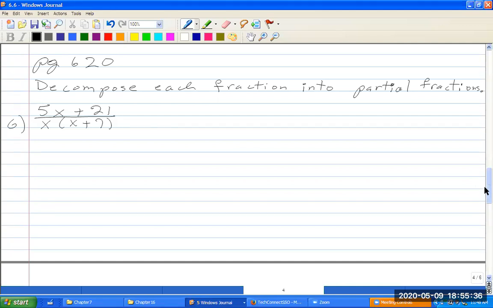So notice that I have written the denominator here as a product of irreducible factors. Therefore, there must be coefficients a and b such that this occurs.